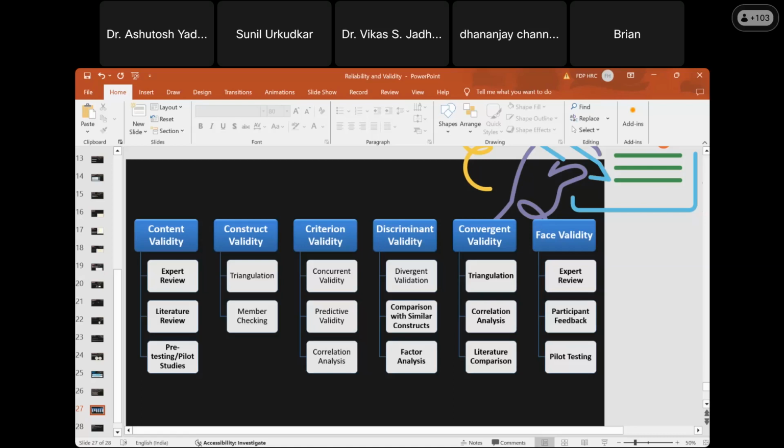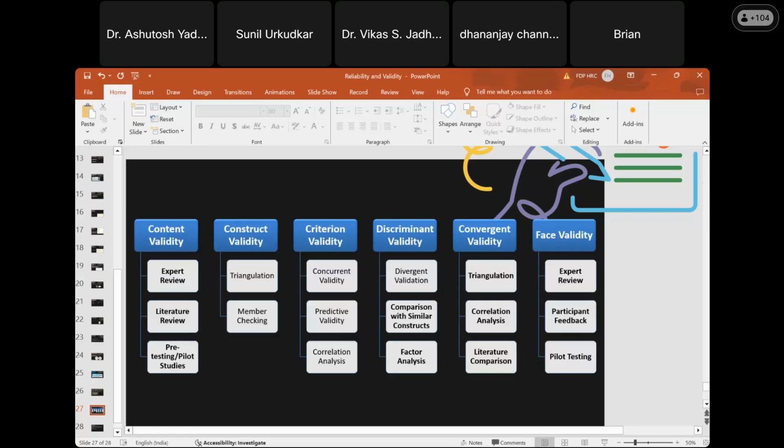For construct validity, one of the approaches that you can use is triangulation. You can use multiple data collection methods to cross-verify the findings and ensure that they align with the theoretical construct. You can also base the study on a well-established theoretical framework that clearly defines the constructs and their interrelationships.